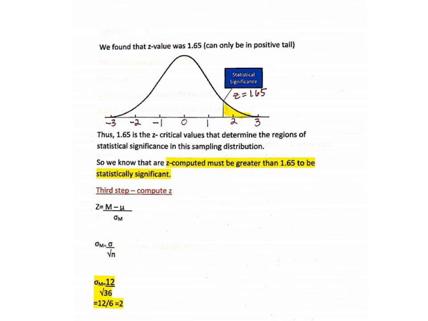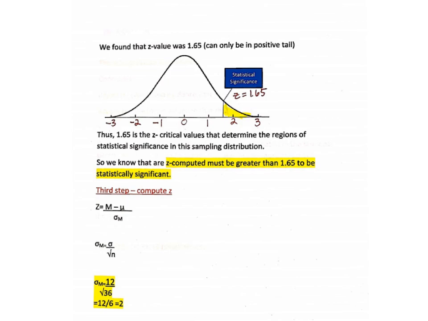Now again, this is our Z critical, and we have to think about this because let's say we found a Z and it was negative 3.25. Well, certainly that would be in the tail, but that is in the wrong tail, so it will not be significant. It has to be in the right tail. So in this particular case, the correct tail is the right-hand side, which is a Z of 1.65.